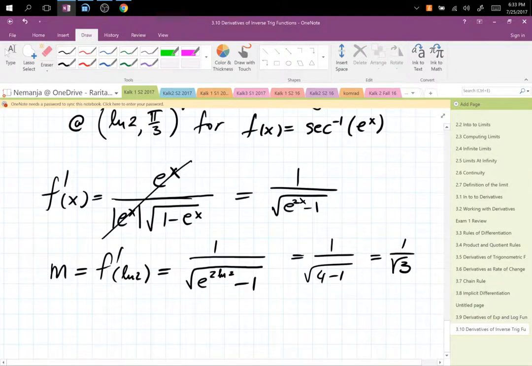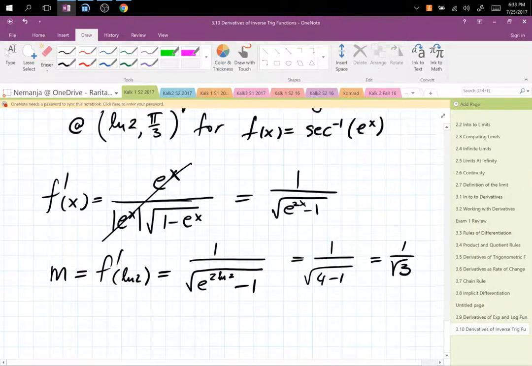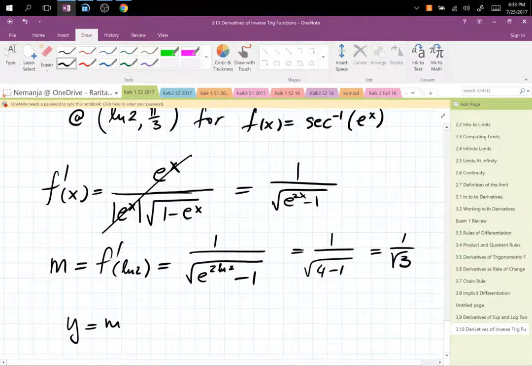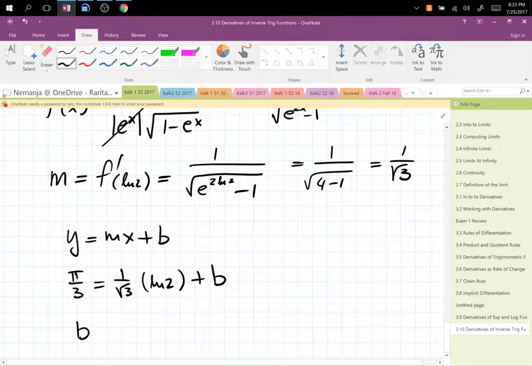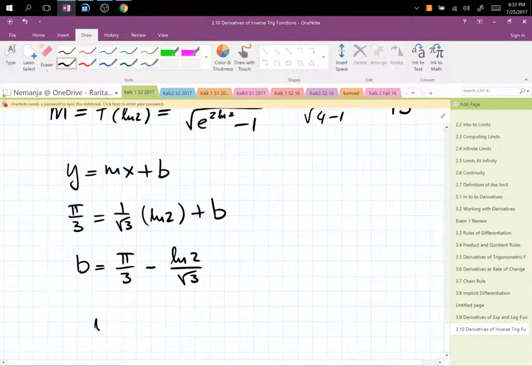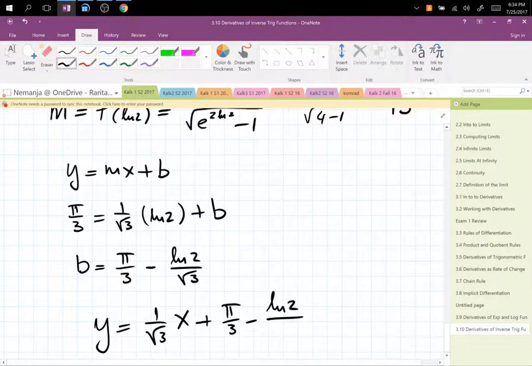So now we have m, we have x, we have y. So y equals mx plus b. Y is pi over 3. M is 1 over root 3. X is ln 2, plus b. Wonderful, right? So b is pi over 3 minus ln 2 over root 3. And the tangent line is y equals 1 over root 3 x plus pi over 3 minus ln 2 over root 3.